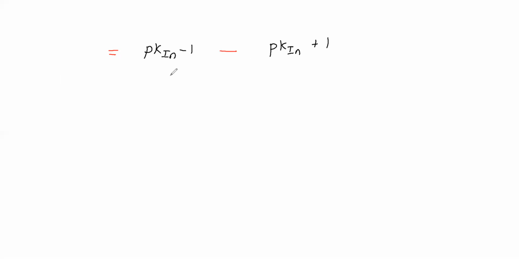Suppose this is 3.1 and this is 4.4. The indicator will show so and so color here and so and so color here. 3.1 falls under this category, 4.4 falls under this category.